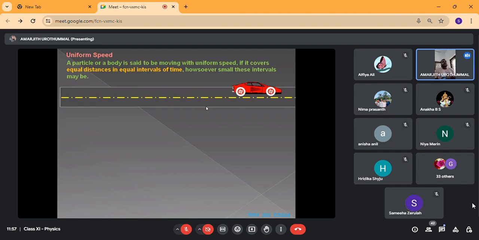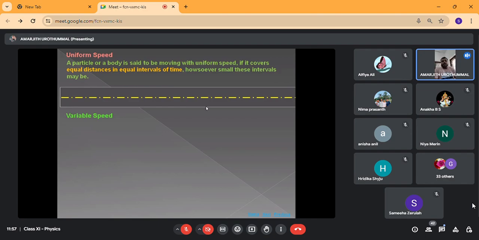So in every 5 seconds, it is covering 10 meter. I am saying for an example. Like that, if equal distance is covered in equal intervals of time, we can say that the object is in uniform speed. Clear? Uniform speed means equal distance in equal intervals of time.